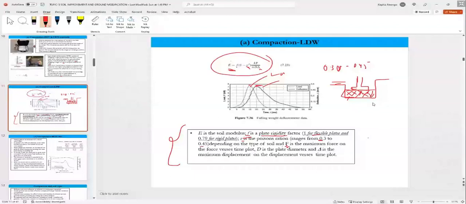What did I do with this? I increased the density. I also increased the modulus of that soil. So that does what? That reduces settlement.